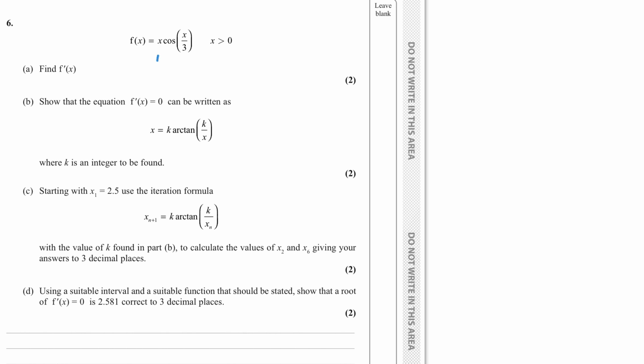Right, this is a function times a function. So to differentiate this, what I'm going to do is let the first one be u and the second one be v. So u equals x and v equals cos x over 3.